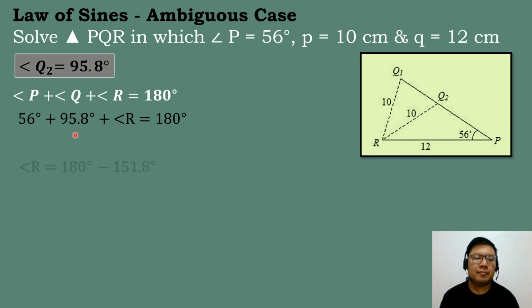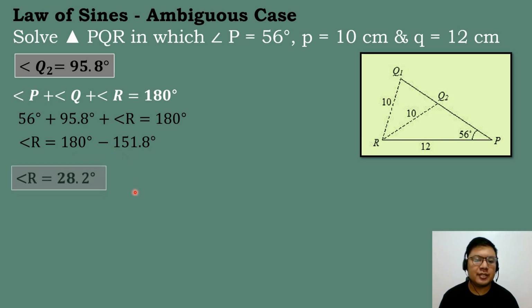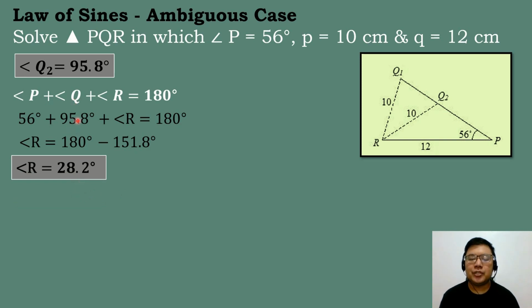Add these two numbers, which is 151.8. Transpose it, it will become negative. Then 180 degrees minus 151.8 degrees is equal to 28.2 degrees. So if the measure of angle Q sub 2 is 95.8 degrees, then the measure of angle R will be equal to 28.2 degrees.